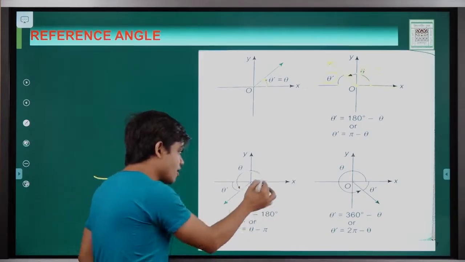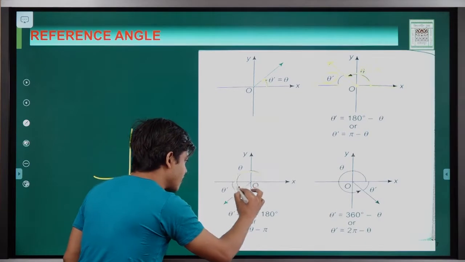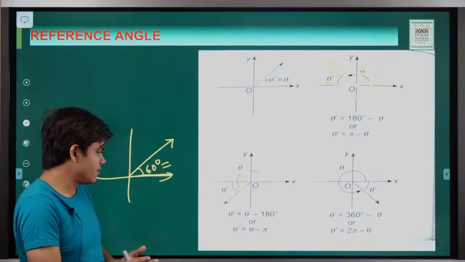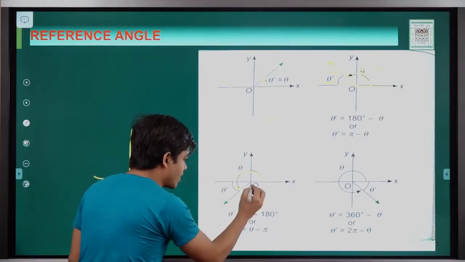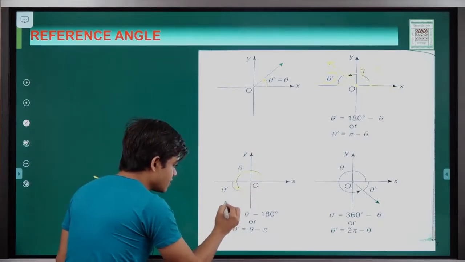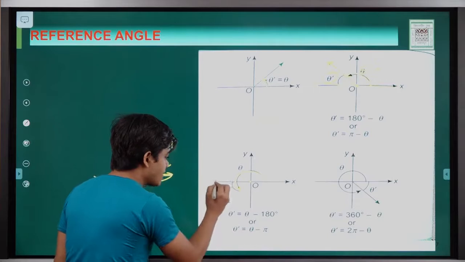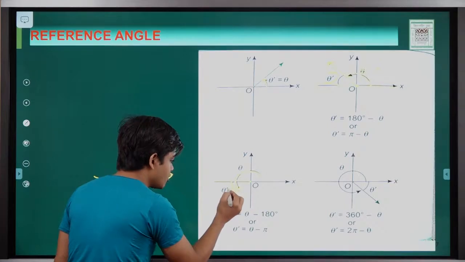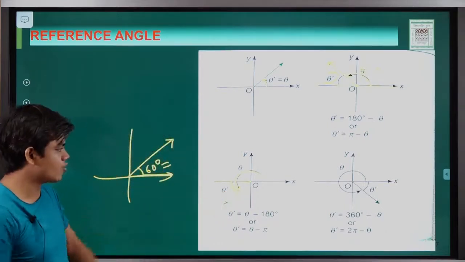All right, and again in the third quadrant we have this angle. In the third quadrant this is the standard angle, but we are interested in the reference angle. This is the terminal side and the angle with the x-axis and terminal side. So only this much angle is called the reference angle in the third quadrant.